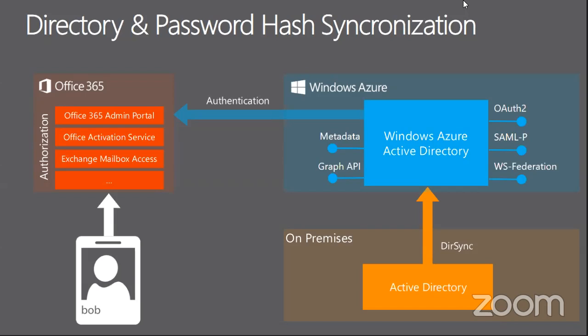So there is a multi-factor authentication service built into Azure Active Directory. And when I say Azure Active Directory, it also implies Office 365, because behind the scene, Office 365 also uses Azure Active Directory as an identity provider. So I hope that answers your question.